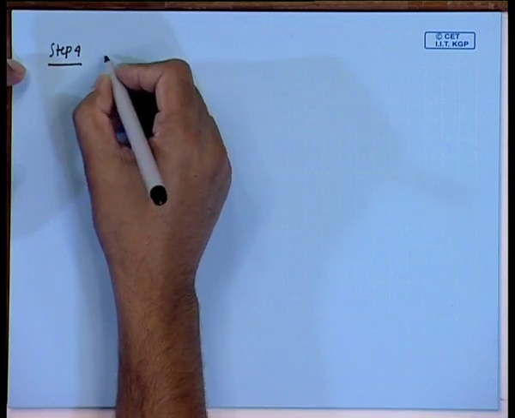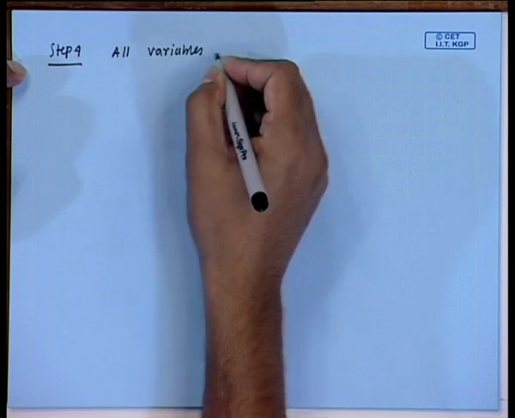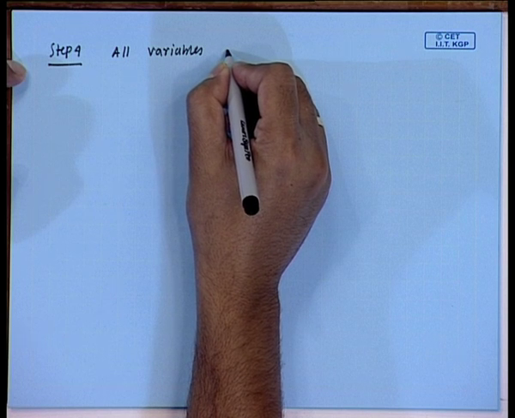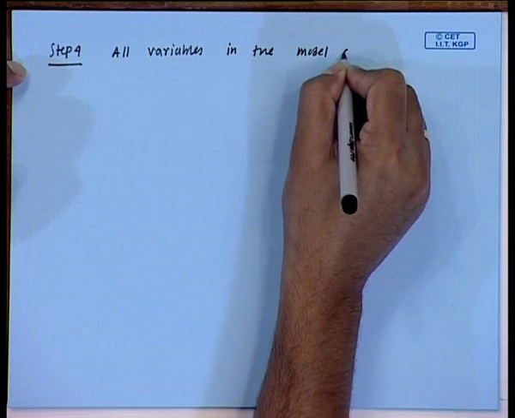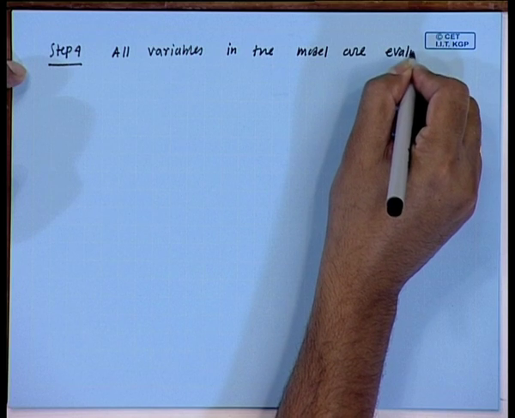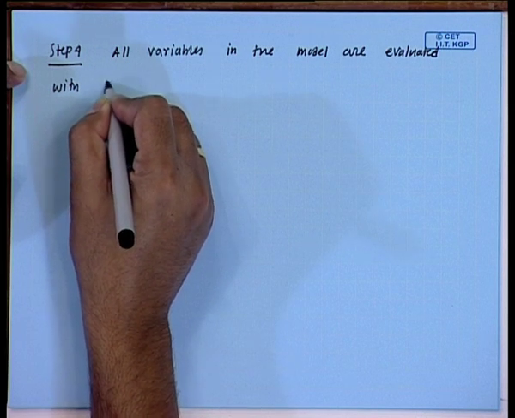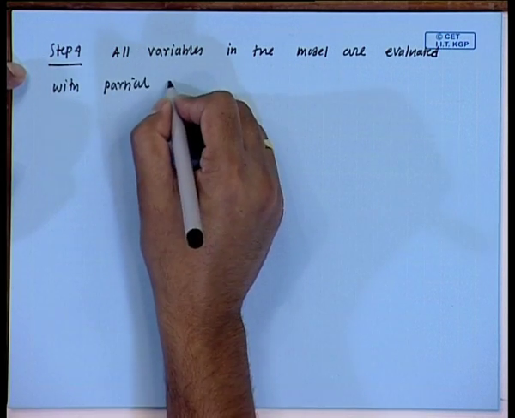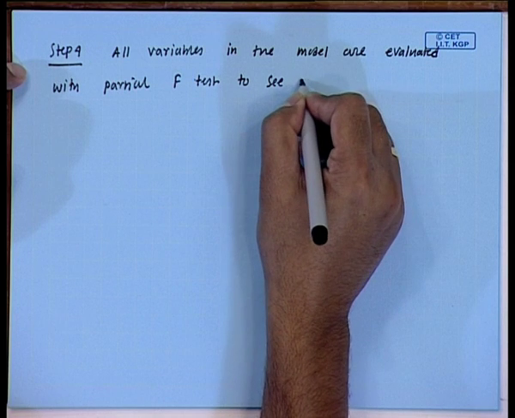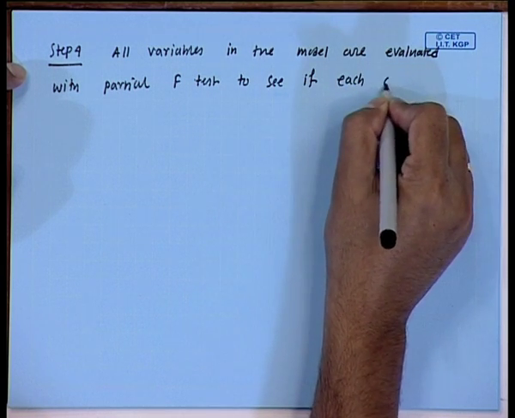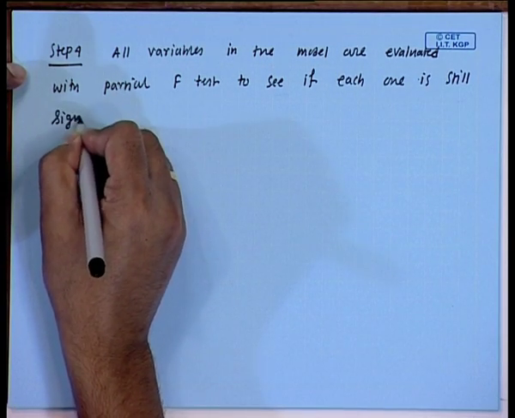All variables in the model are evaluated with a partial F test to see if each one is still significant.